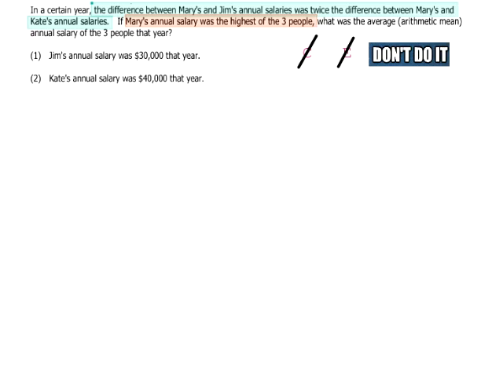So one takeaway that you should get from this problem is that you should not be afraid to read the problem more than one time, especially when there's new things in play.